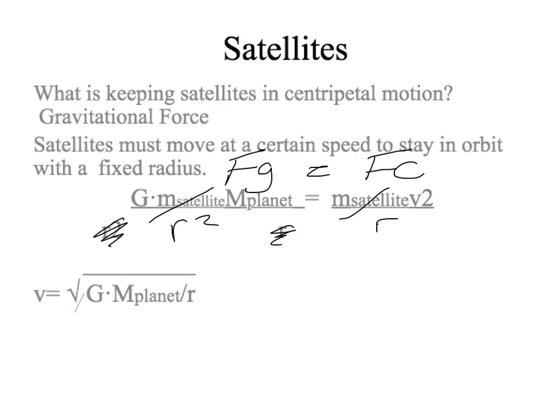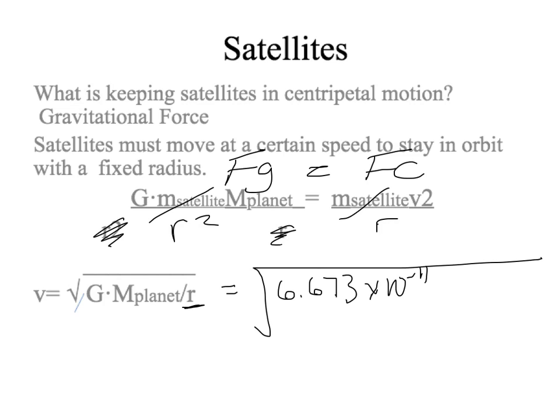So when you rearrange this, what you get is the velocity is equal to that constant G times the mass of the particular planet, Earth, divided by the radius. And now this radius, be careful of that. That's not just the radius of Earth. It will be the radius of Earth plus however far away the satellite is from Earth. You've got to take that into consideration.